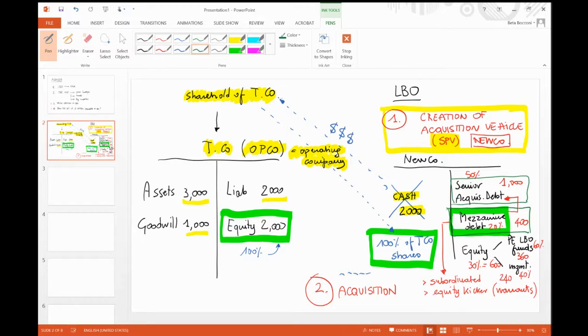Mezzanine, as we define it, is essentially a debt with hybrid features, in a sense that it is a debt with some equity components. It is mezzanine, so it is in between debt and equity. It is subordinated, so it can be repaid only after the senior debt has been fully repaid.